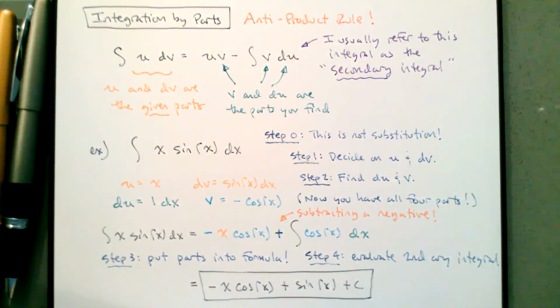Earlier I said we had to decide which factor is going to be u and which factor is going to be dv. And the question will be, how do we know which one goes where? The answer is, in the beginning, you don't. But you get it wrong a few times, and you start looking for patterns.